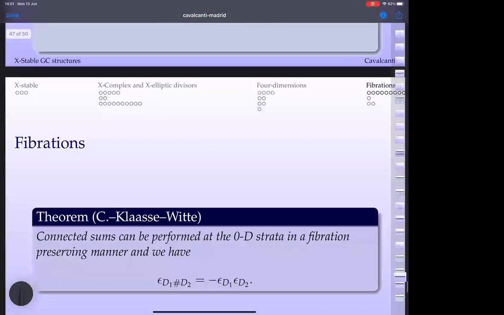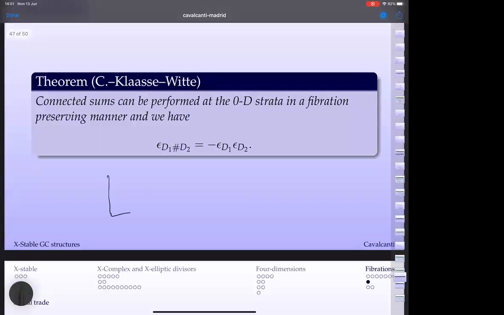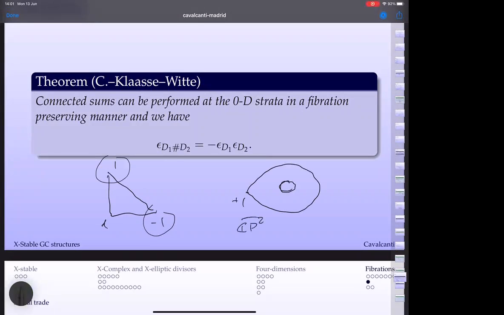So for example, I could do the CP2 bar, 1, 1, -1. I could glue this vertex here to this vertex here to get these manifolds. And now this is really the base of a fibration with a +1 here, and that is just CP2 bar connected sum S1 cross S3, I think.